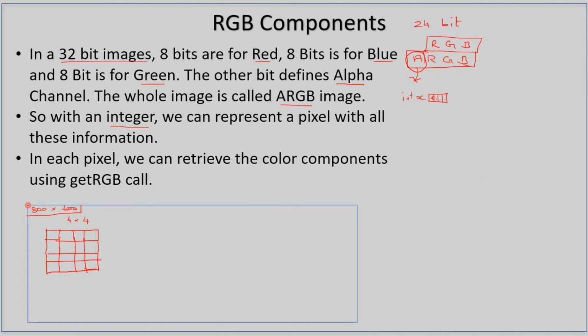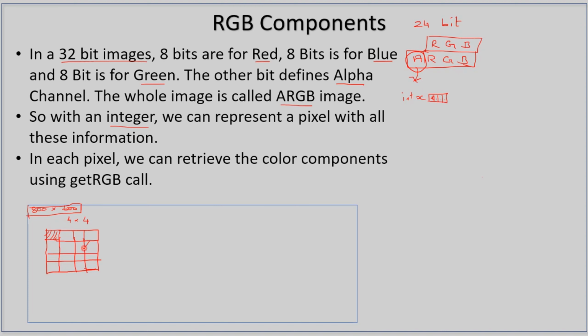So 800 means 800 pixels arranged width-wise and 600 pixels arranged height-wise. Likewise, this is a 4x4 pixel image taken for example, and each one here denotes a pixel.